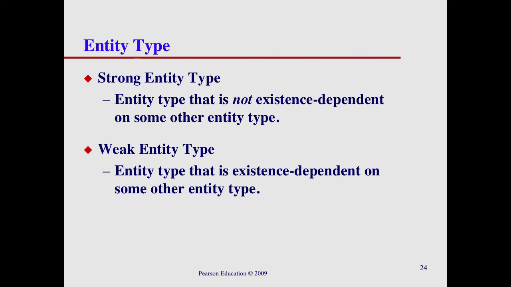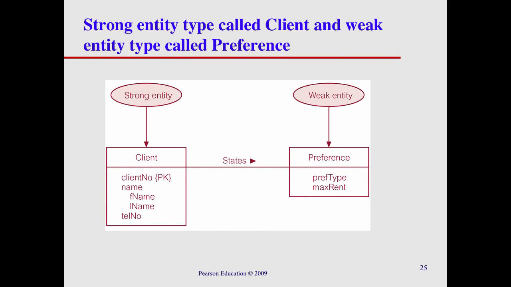Okay, and then the book talks about strong entity types and weak entity types. Really, from everything I can see in the book, whenever it's talking about a weak entity type, it's typically talking about a multi-valued attribute. So the strong entity here is client. They state some preference, but really preference type and max rent could also be attributes of client.